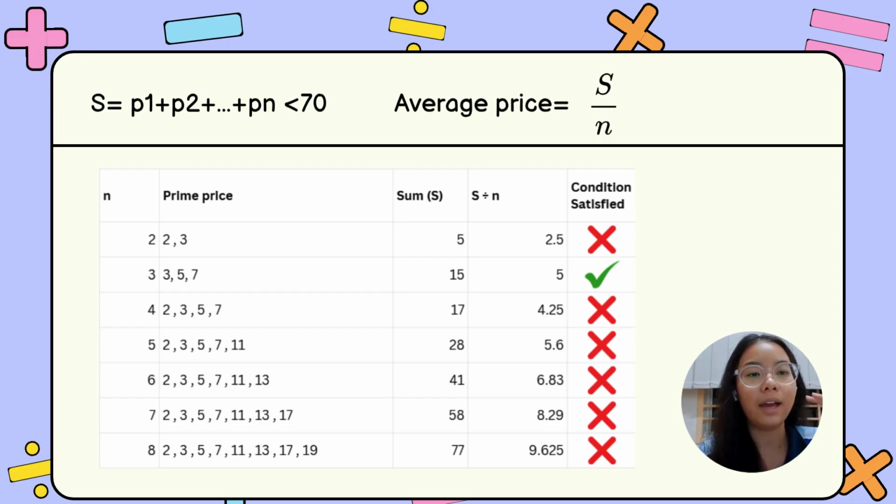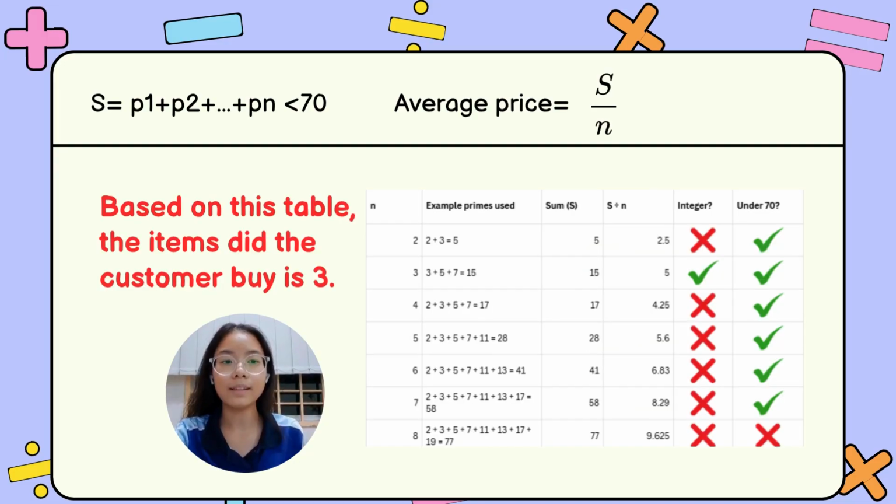And if n equals 4 and so on, although the total bill is less than 70, the average price is always not a whole number, always with a decimal point. Thus, based on this table, the number of items the customer bought is 3.